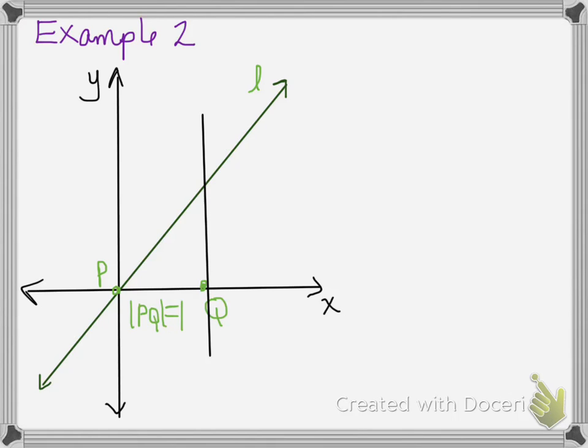And where that intersects our line L, we're going to call that point R. So now we've got P and R that are on our line L, and we've got Q over here on the x-axis, and we're going to give this line a name too. If I need to refer to it, we'll call that L1.